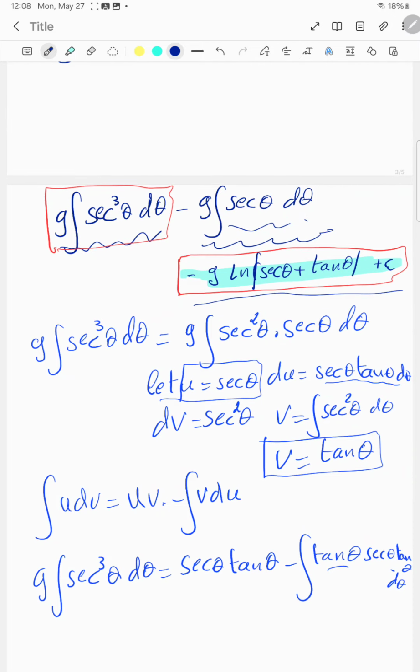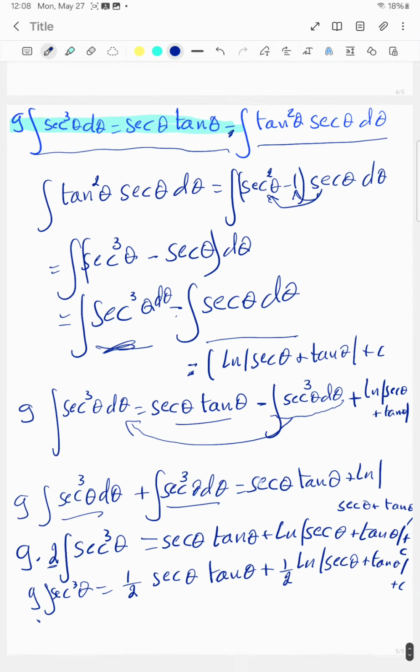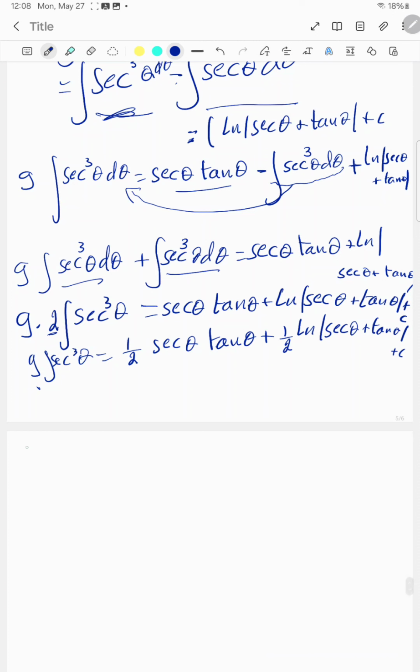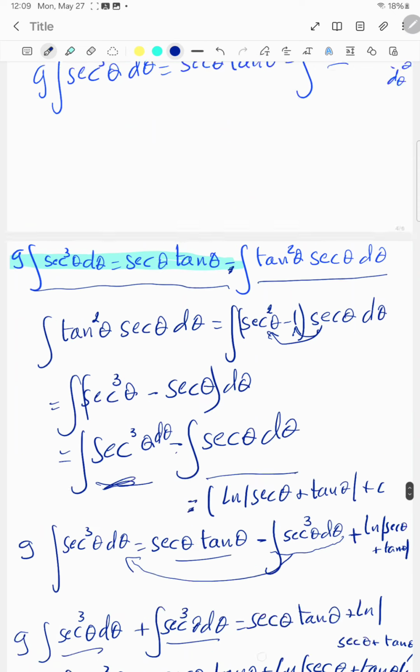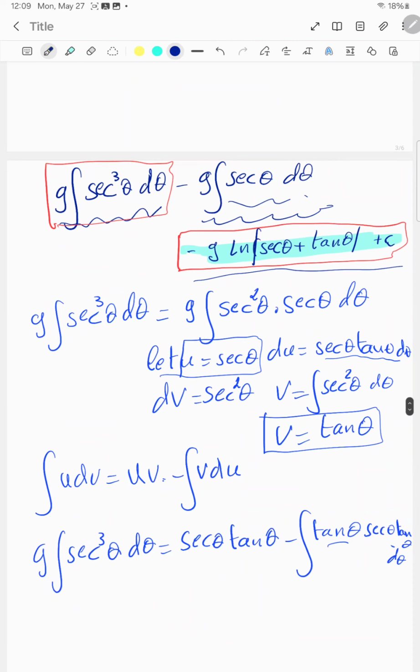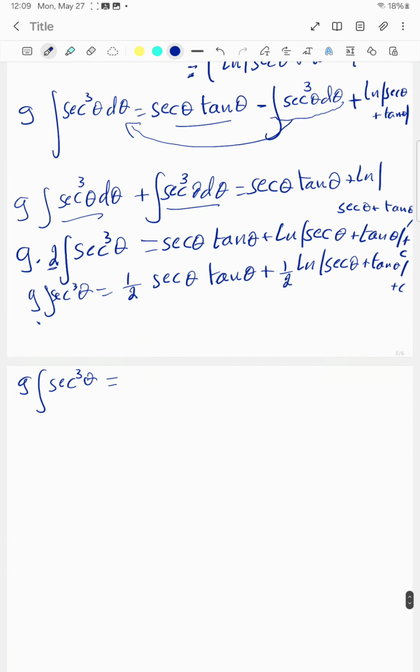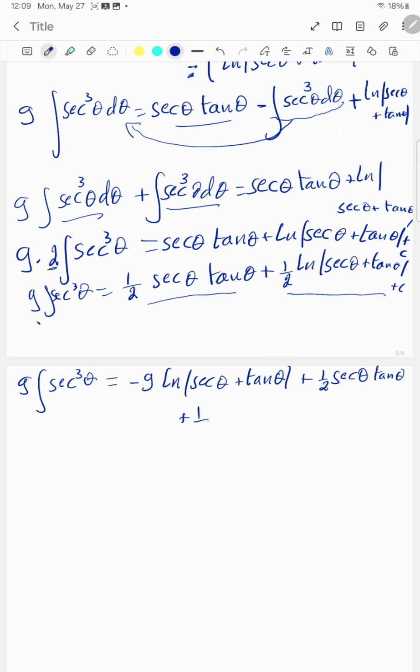So 9 ln of sec theta plus tan theta: 9 times the integral of sec cubed theta equals minus 9 ln of sec theta plus tan theta plus 1/2 sec theta tan theta plus 1/2 ln of sec theta plus tan theta plus c.